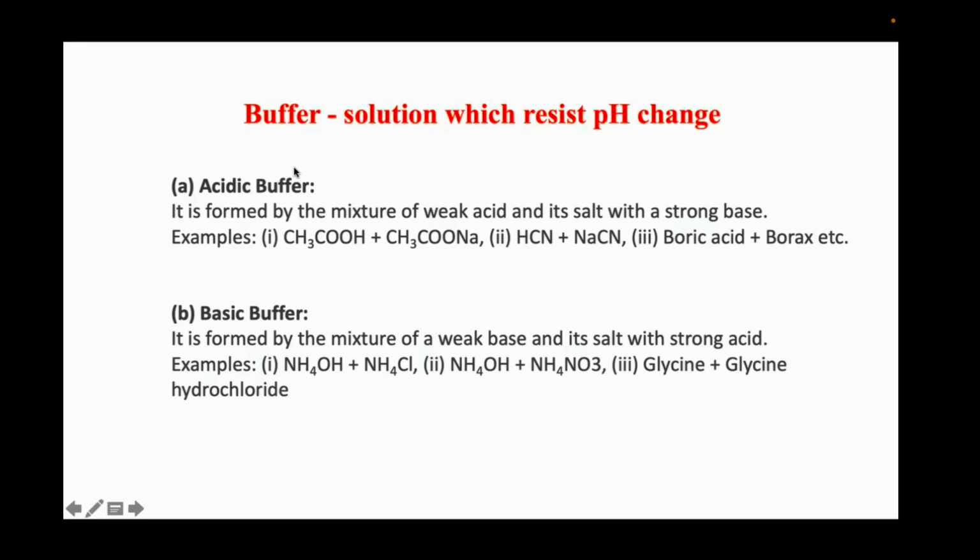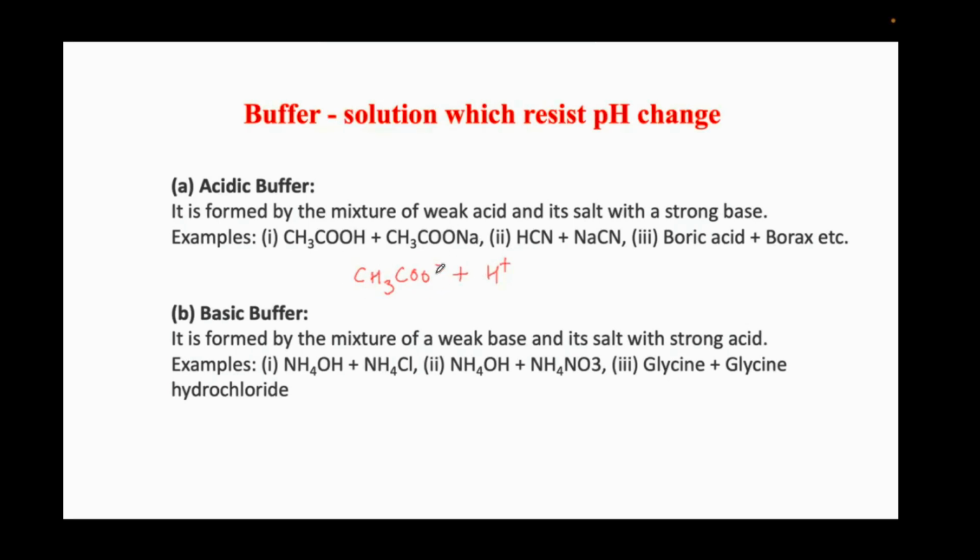Buffers are of two types: acidic buffer and basic buffer. Acidic buffer is formed by a mixture of a weak acid and its salt with a strong base. For example, acetic acid. Acetic acid is an example of a weak acid because when acetic acid dissociates, it forms CH3COO minus plus H plus.